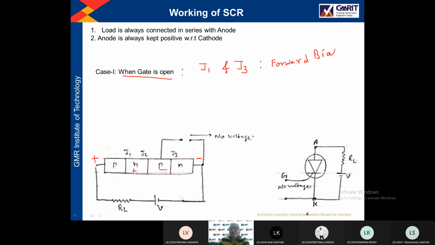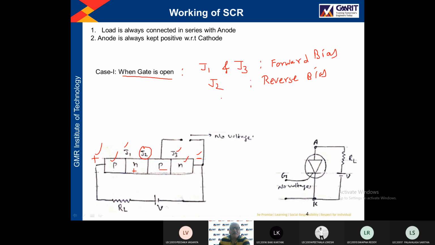You can see this P material is connected to the positive terminal, N material is connected to the negative terminal. So junctions J3 and J1 are forward biased. But junction J2 is reverse biased.